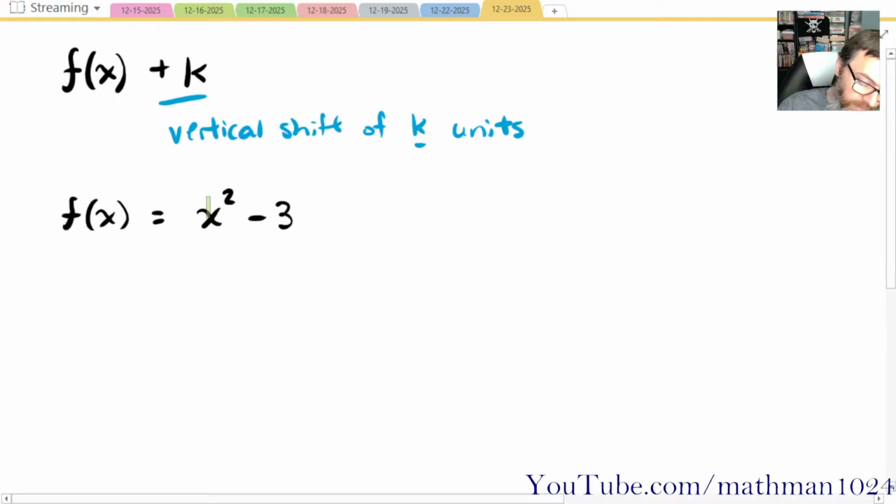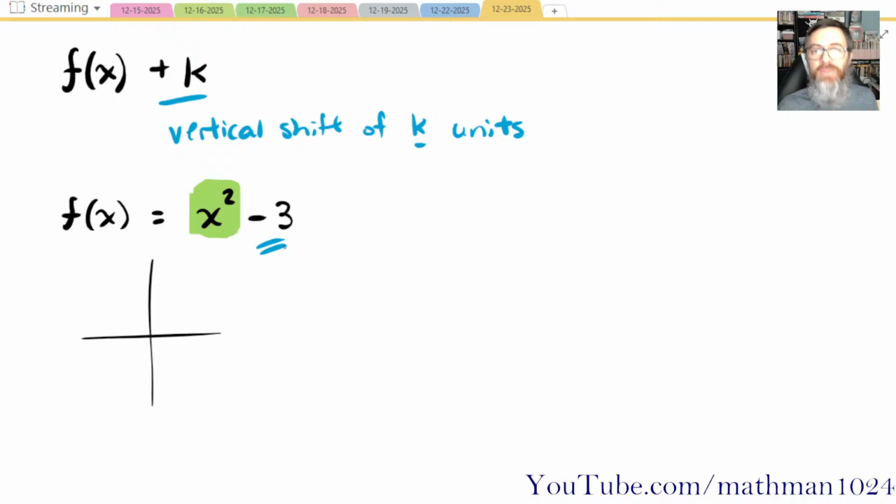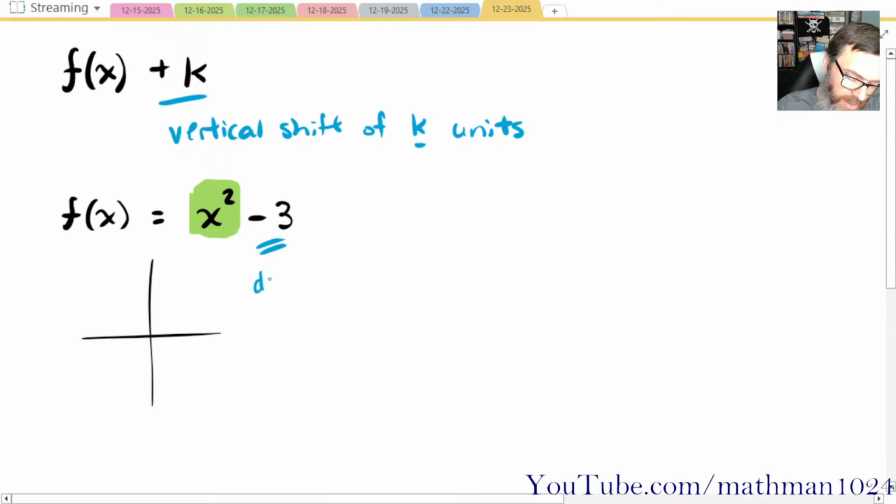So the focus here should be on this piece, the x squared. The x squared is going to tell us our shape, and then the minus 3 that's on the outside of the square. So the square defines the shape of the function. The minus 3 is outside of the square, and so this tells me that I'm going to go down 3 units.